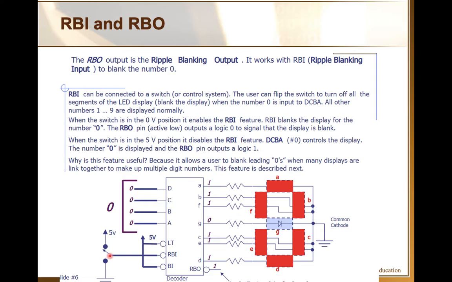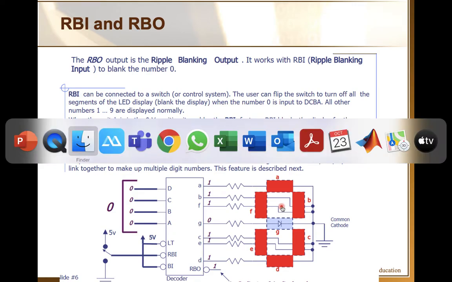However, if it is connected with ground, which means the RBI feature of this IC is enabled, then if there is a 0 on the input, it will be blanked out and not displayed. When the switch is in 0 position, it enables the RBI feature. RBI blanks the display for number 0 only, not for other numbers. Then the RBO pin outputs a logic 0 signal to indicate that there is nothing being displayed on our 7 segment display.